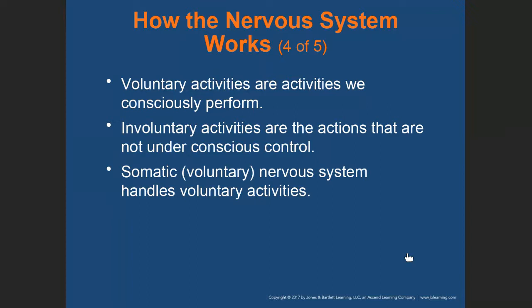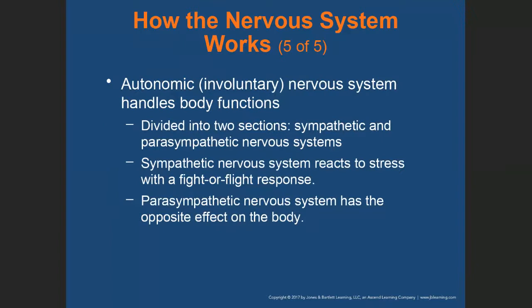The somatic system is responsible for voluntary movement. That would be somatic, a branch of the peripheral nervous system. The autonomic is the involuntary nervous system, controlling functions without conscious brain control.